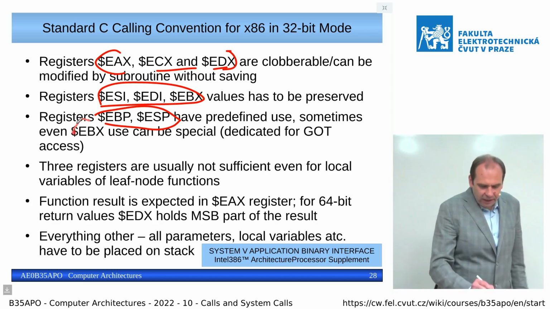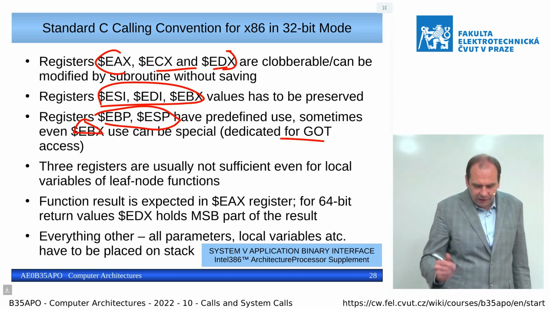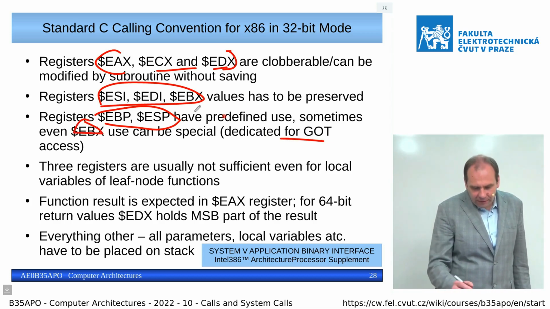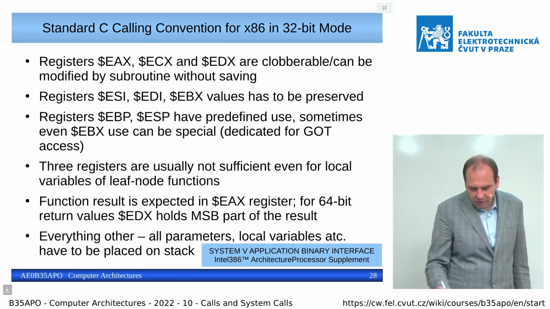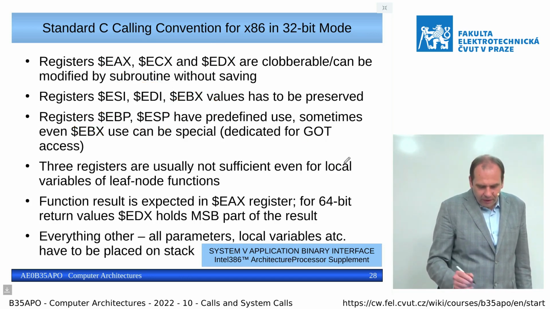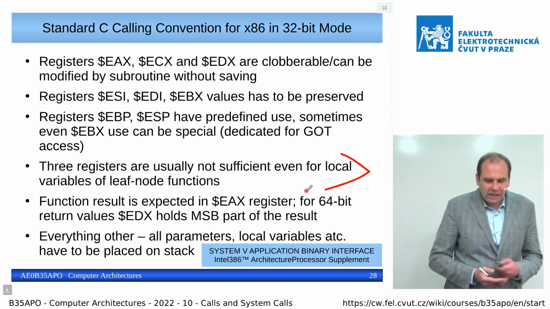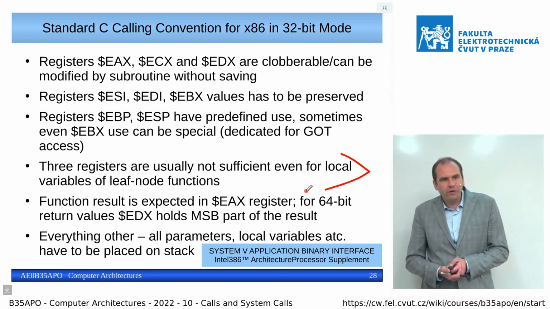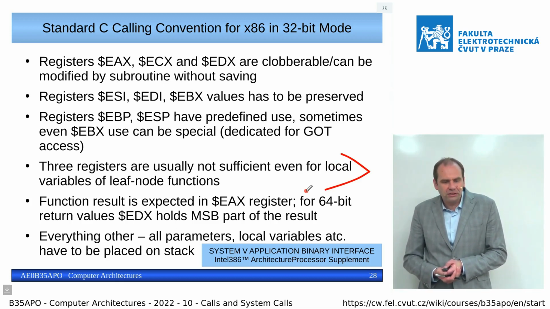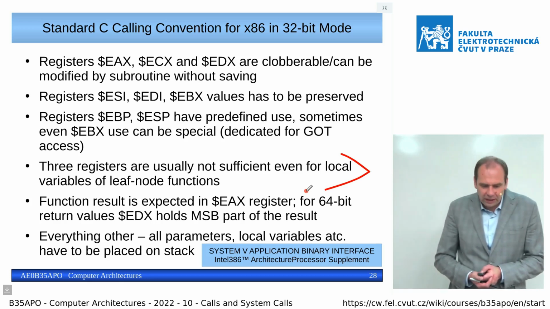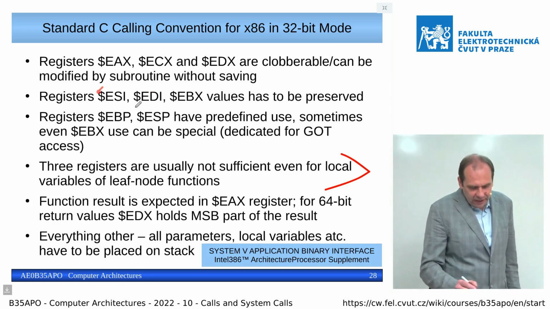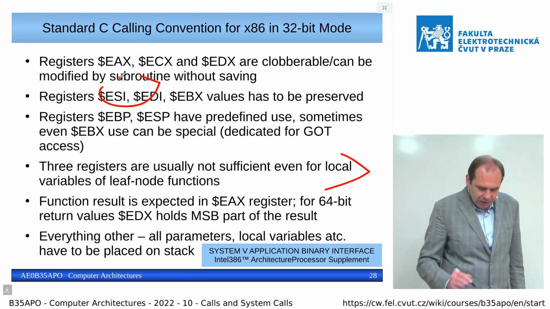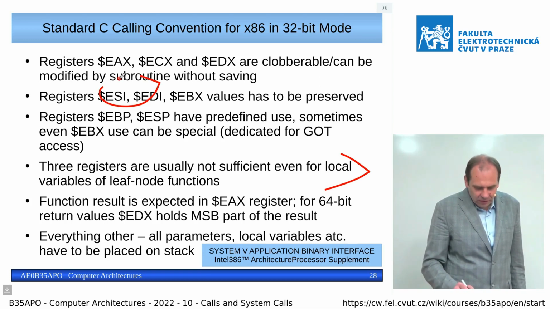EBX is sometimes used for the global offset table, but it is preserved anyway, so it is no problem. So 3 registers which are available for the actual computation inside the subroutine are usually not enough. You can get something from those ESP, so maybe 5, but still it is not enough.